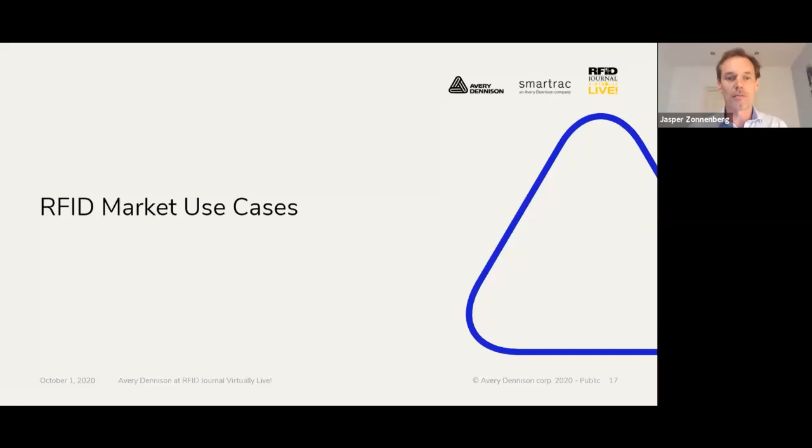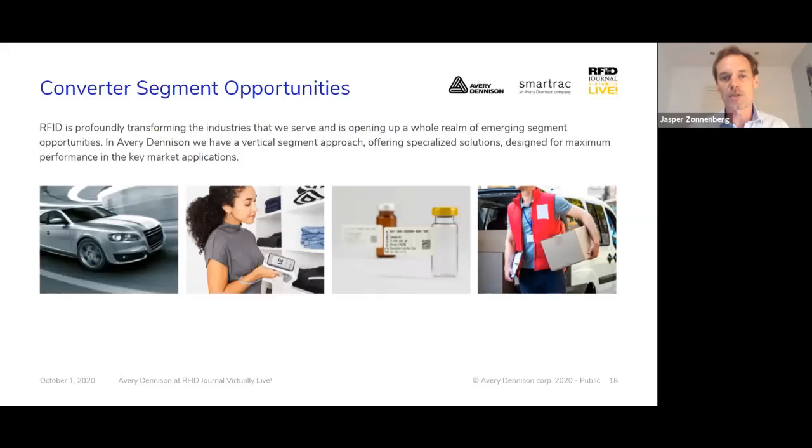Let's now look at some use cases that we see in the market. Before I go to specific segments, the first thing I would like to mention is that, as I said already, we literally see RFID popping up in almost every segment right now. The conclusion is that for each and every converter, RFID can provide very interesting growth opportunities. And for those converters that are considering joining the RFID space and investing in it, Avery Dennison gladly offers its know-how and experience.